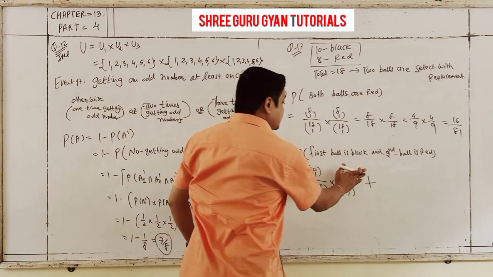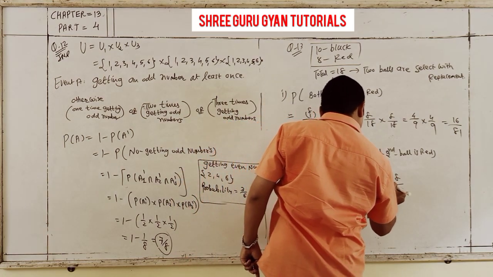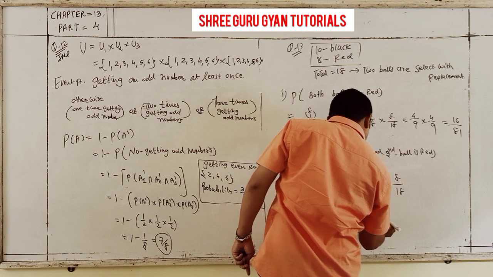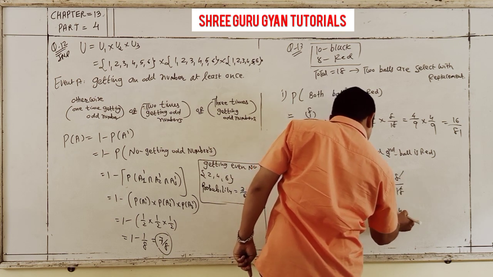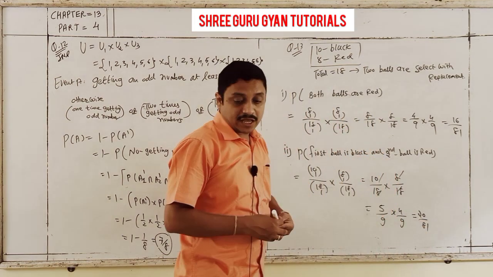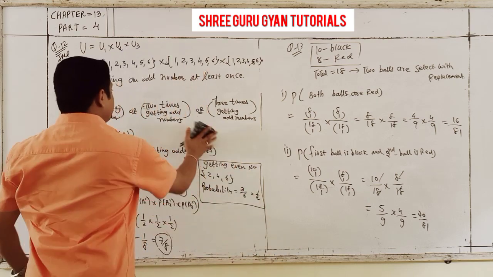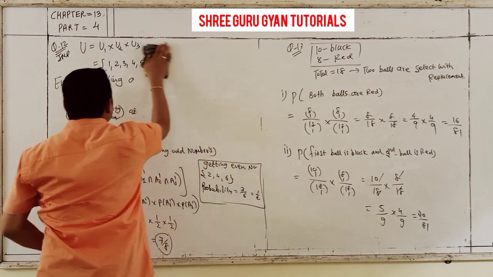That's your answer, students. So 10 by 18, 8 by 18, 5 2s are 9 2s are, here 4 2s are 9 2s are, 20 by 81.